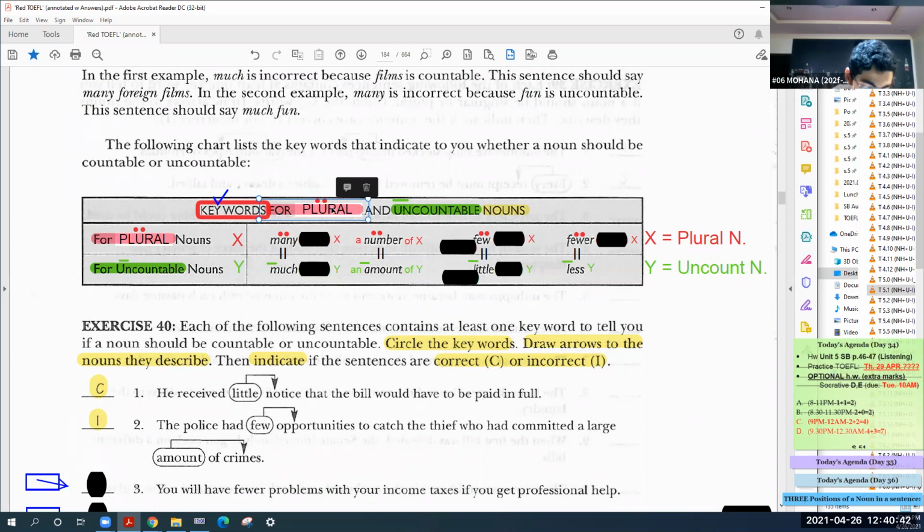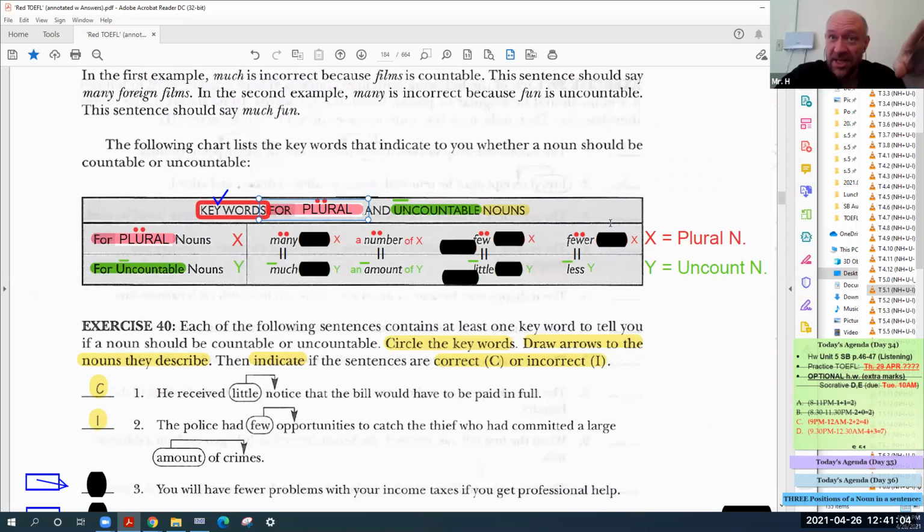If you have the red TOEFL, it says countable. But I changed it to say plural. Why did I change it to say plural? Because you can't use it with singular.